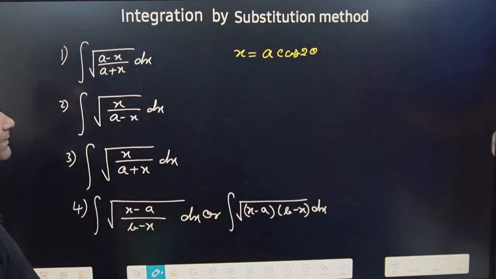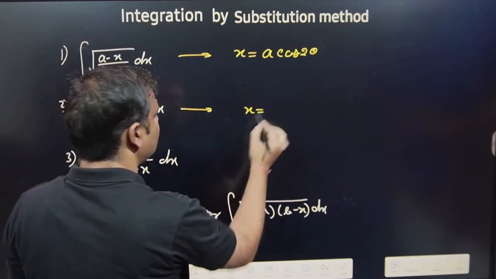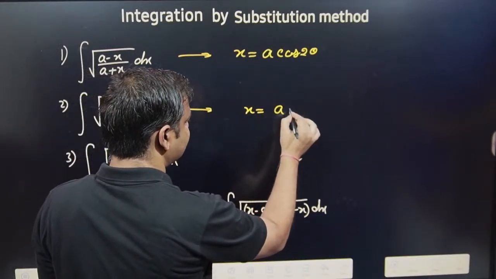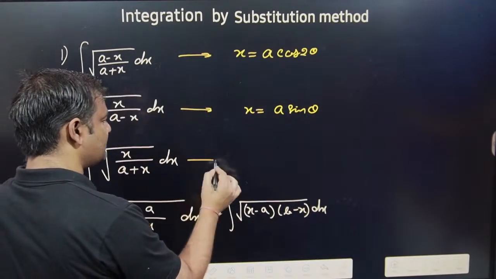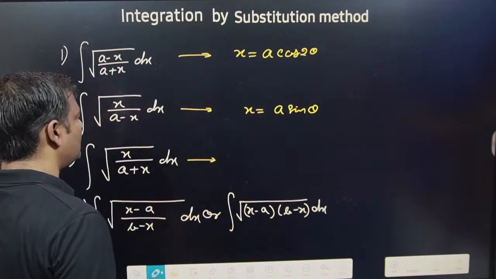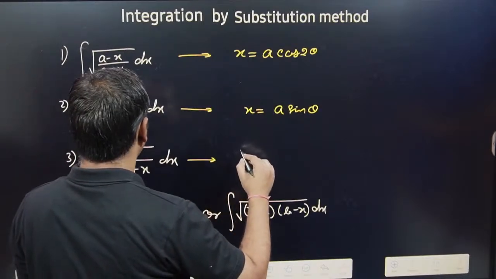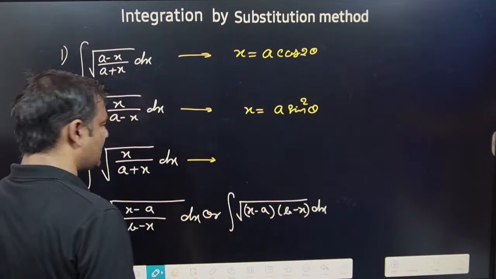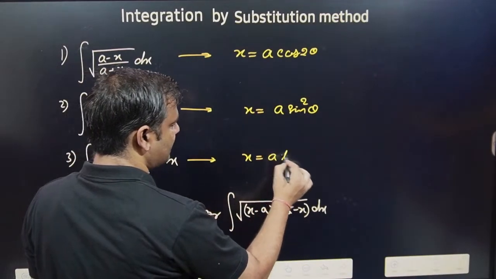Now in this part, put x equal to how much? If x, consider a sin theta. Okay. And now in this part a sin square theta basically, and here x is equal to consider a tan square theta.